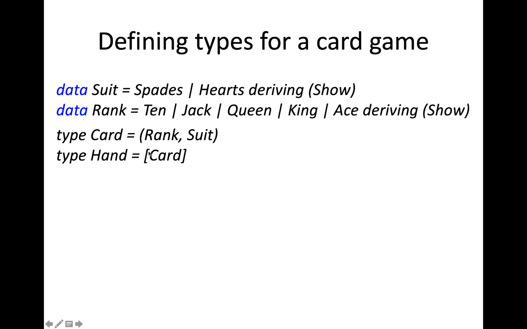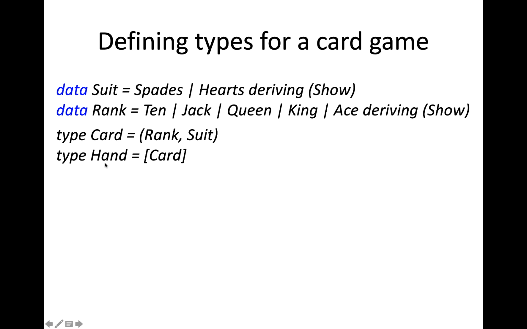Okay, and not only that, you can also define some alias, like Card is an alias, and to do that we have to use this type keyword. So Card is an alias for this tuple, and the tuple is of Rank and Suit. So these two things is a tuple, and Card is an alias to that.